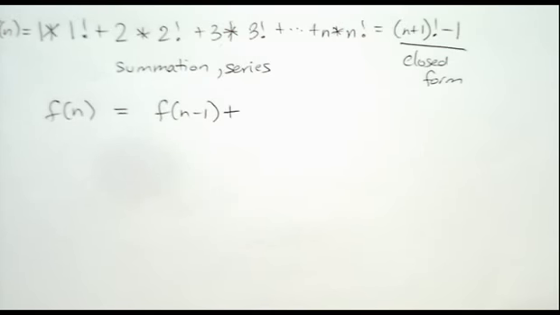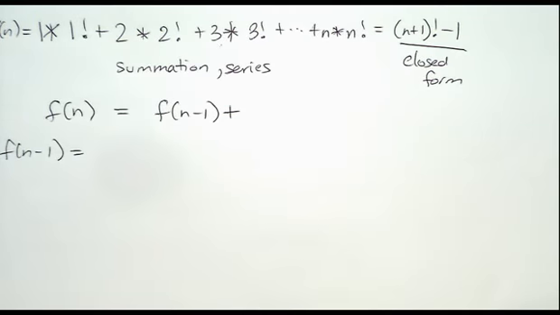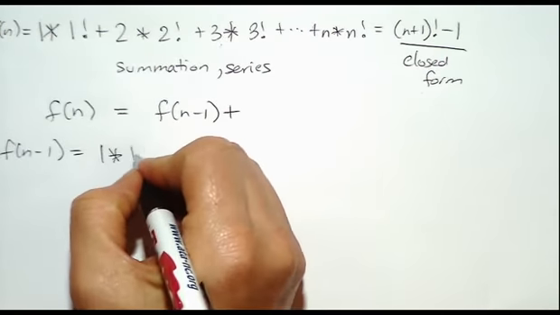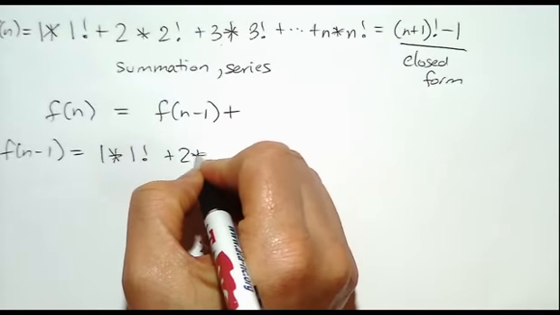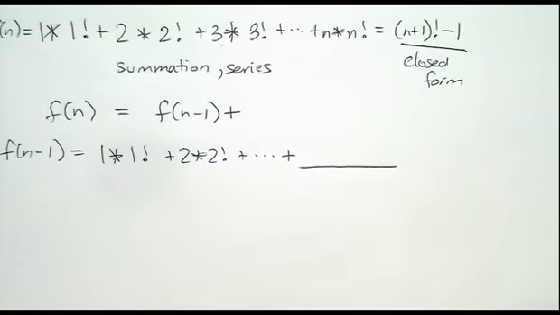If you can't answer that question immediately, you should figure out what f of n minus 1 is. So I want you to write that on your paper. What is f of n minus 1? What goes in the blank?